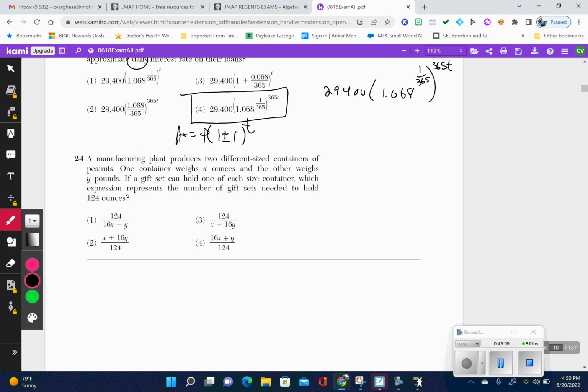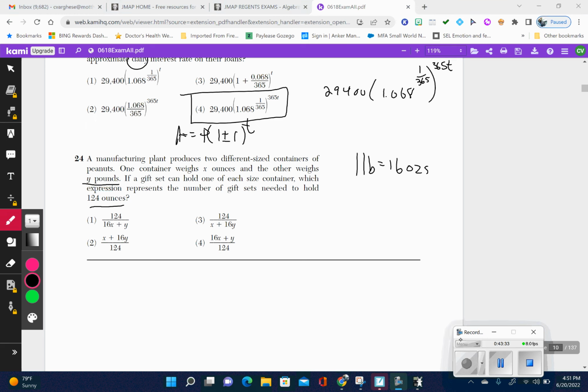All right. The next and last one for the multiple choice. Manufacturing plant. We're trying to see which one is going to be converted. So this is pounds, and this is in ounces. In the reference sheet, 1 pound is the same thing as 16 ounces. So we have to see what the conversion is going to be.